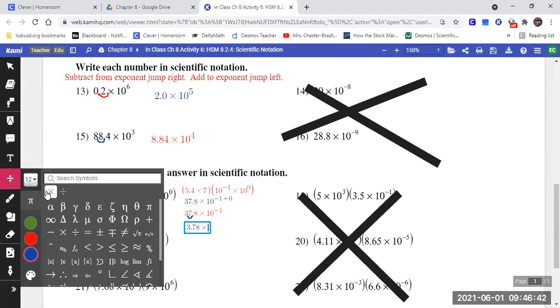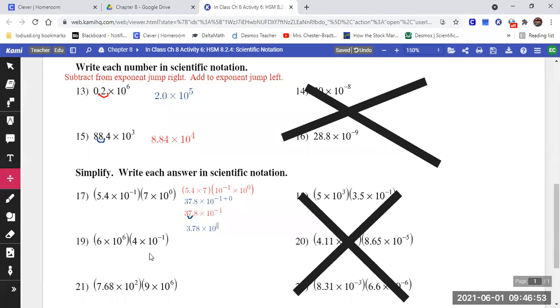How far did I jump? 1 spot. If I do -1 plus 1, what is my exponent going to say? What's -1 plus 1? 0. Yep.